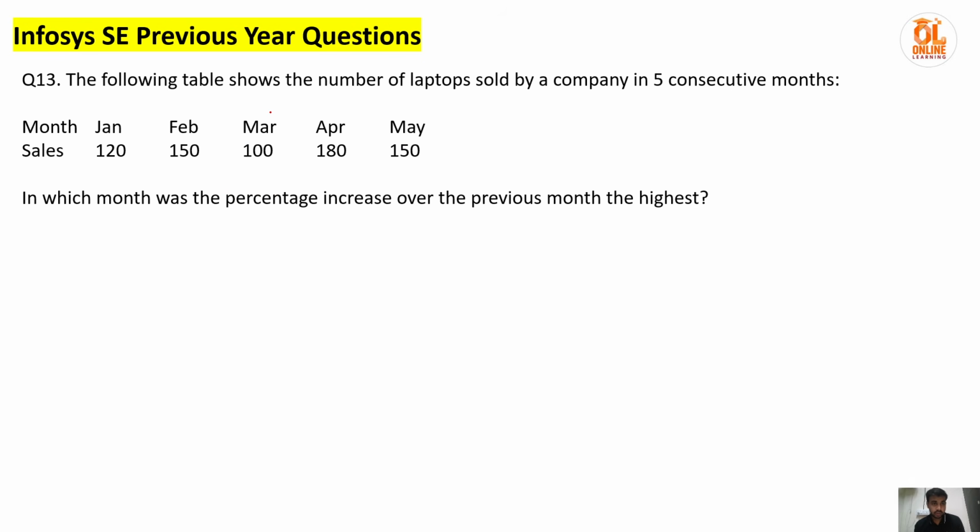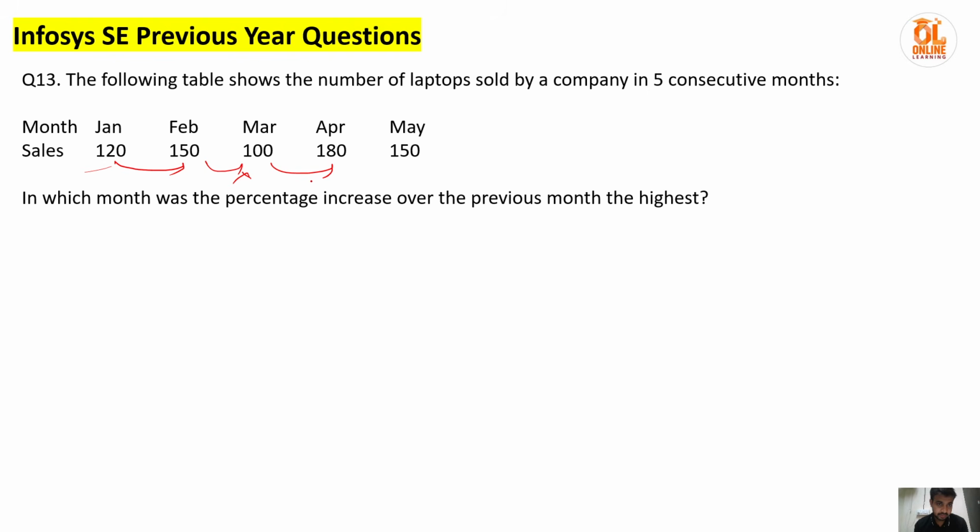The following table shows the number of laptops sold by a company in 5 consecutive months: January, February, March, April, May. In which month was the percentage increase over the previous month the highest? It has increased from 120 to 150. From 150 to 100, it decreased.